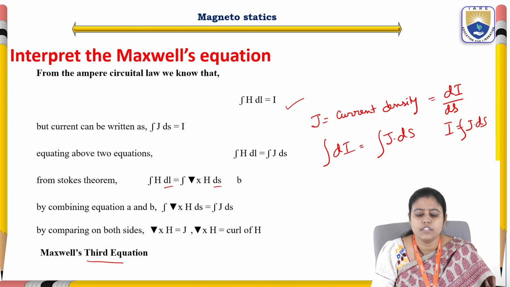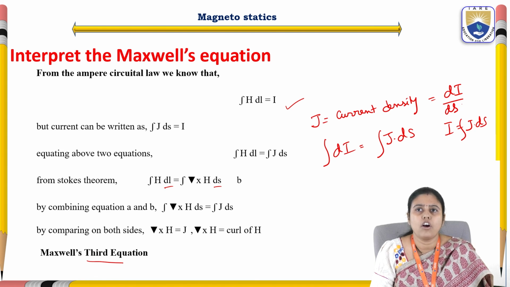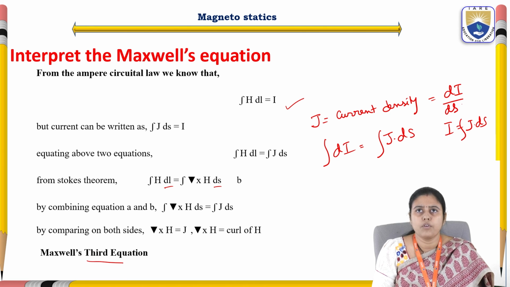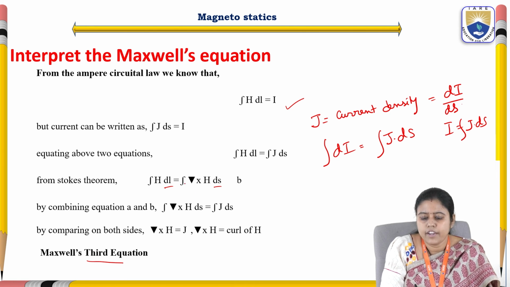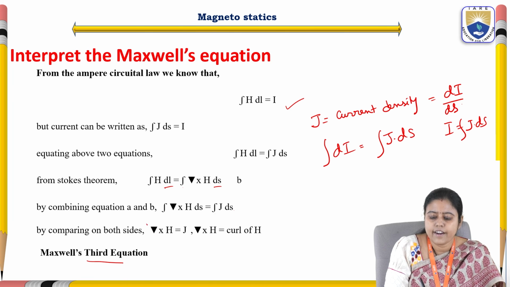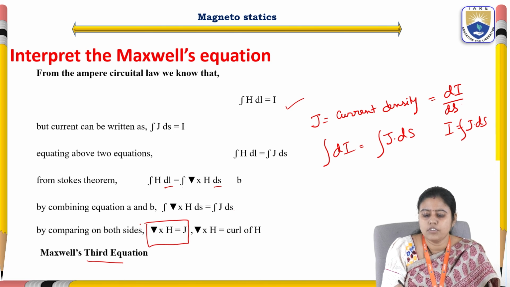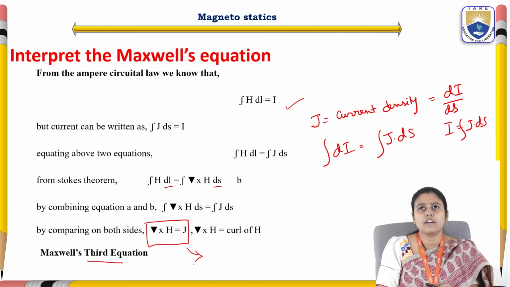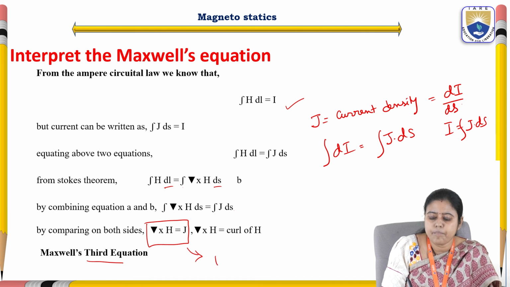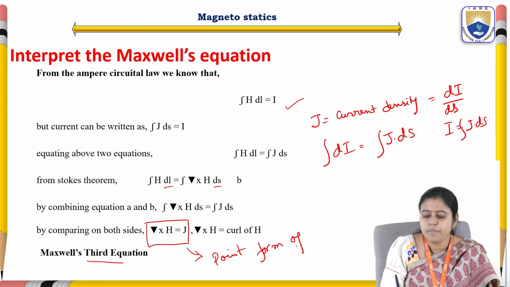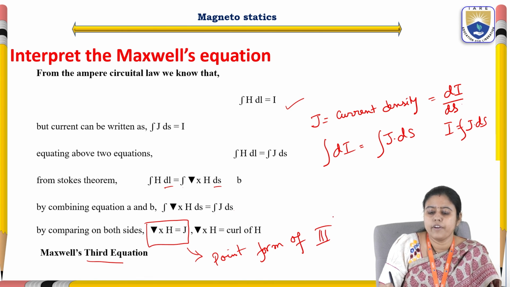So the closed integral of H dot dl is equal to the integral of curl H dot ds. If we compare these two equations, we get curl H dot ds is equal to J dot ds. So we can write curl H is equal to J. Grad cross H means curl of H, and this is the point form of Maxwell's third equation.